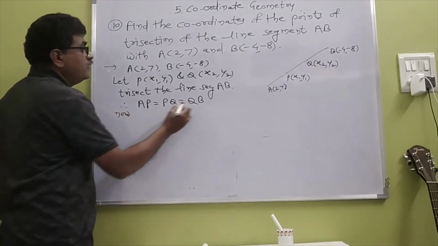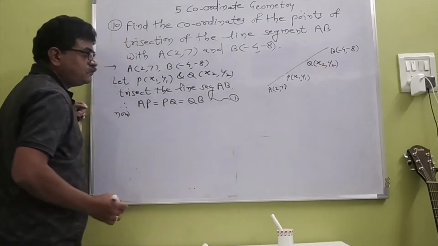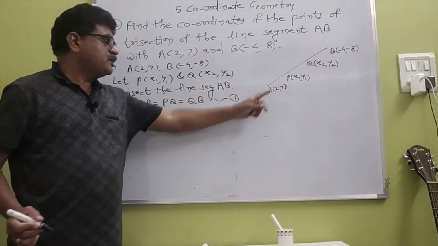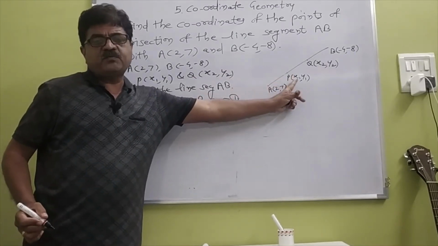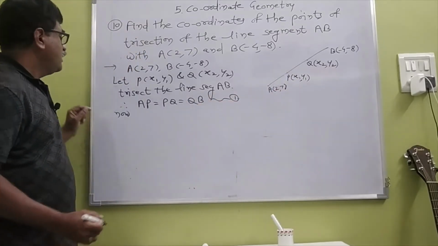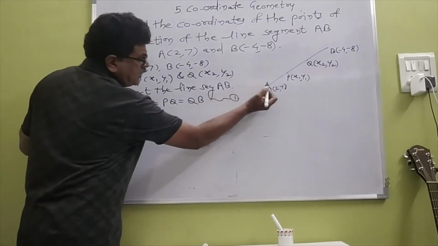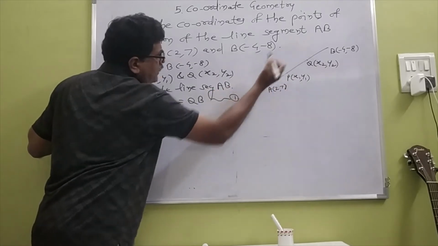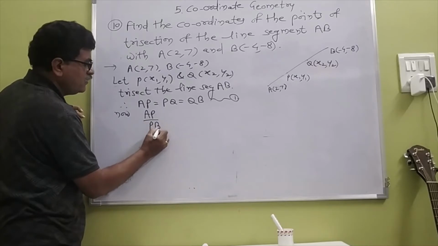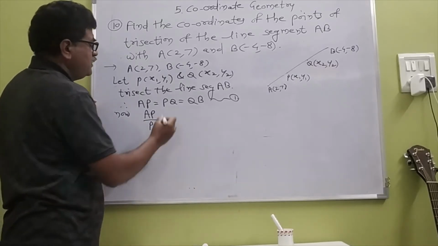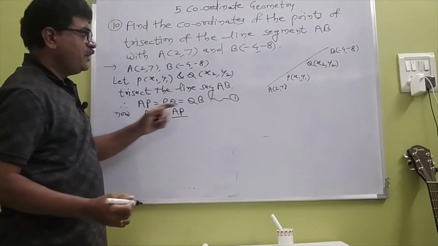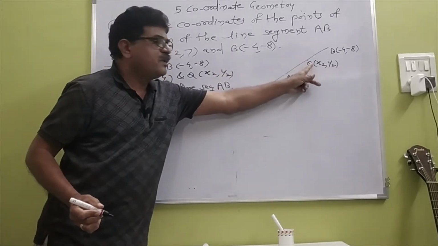Now, this is number 1. First we have to find the coordinates of point P, that is x1, y1. Now write this as AP upon PB. PB is written as PQ plus QB.